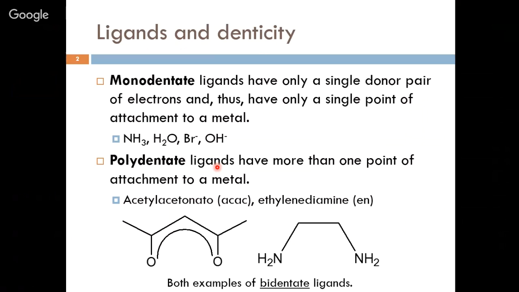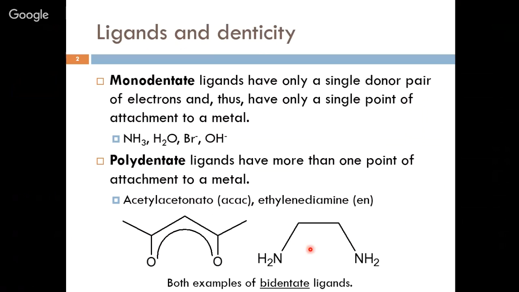Dentate ligands have more than one point of attachment to a metal. So this ligand on the left, which is often called ACAC, has two oxygens, which have, of course, two lone pairs of electrons in each case. And these oxygens are able to both bond to the metal at the same time, and it's said to be a bidentate ligand.